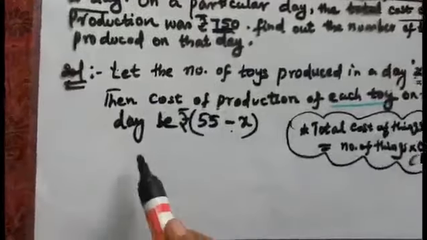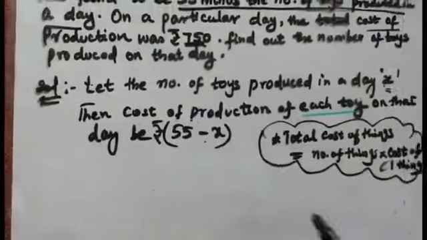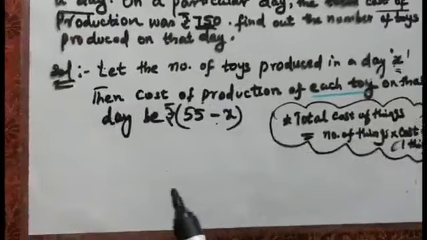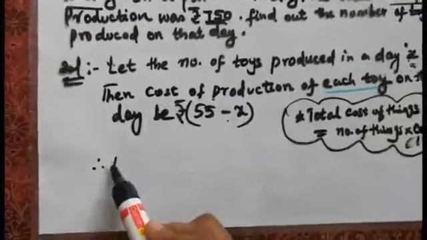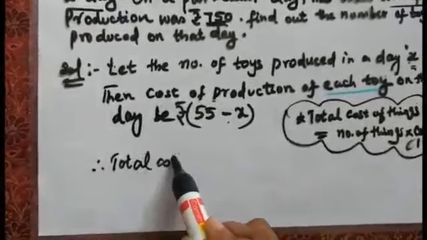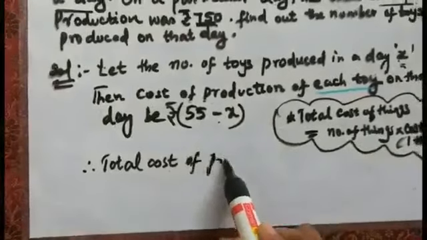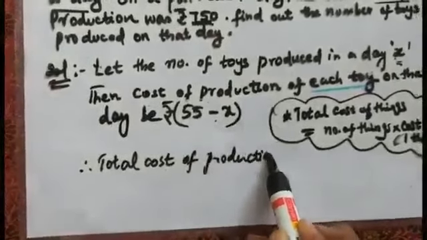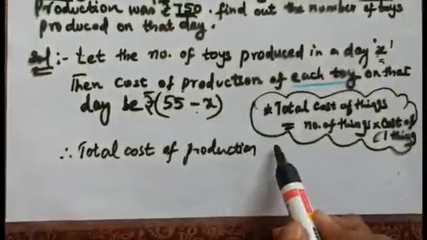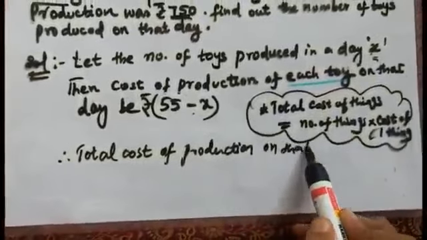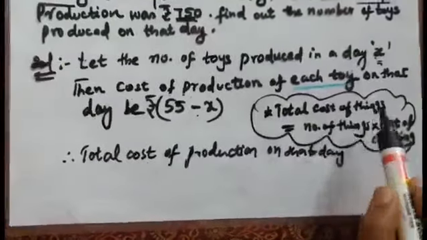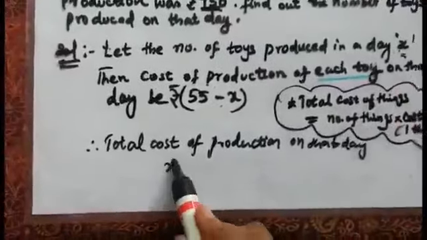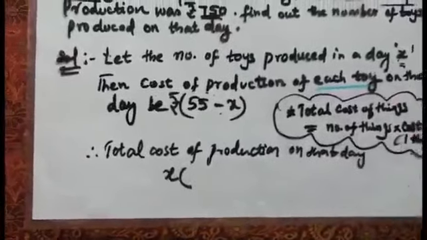Okay, so now if I want to know what is the cost of all the toys produced on that day, so therefore total cost of production on that day, how will it be? Number of toys produced, x toys, into cost of one toy.